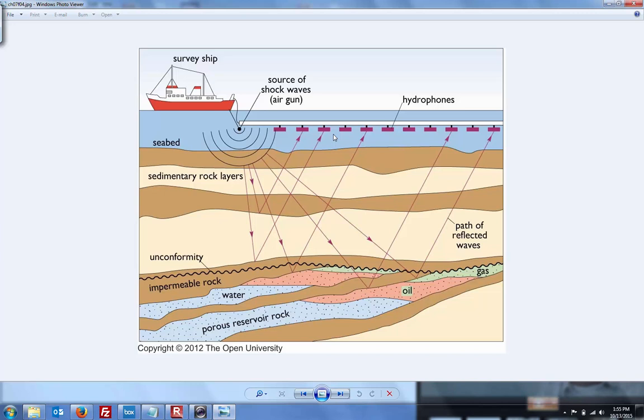It's not unlike the Doppler that you've probably seen if you've gone to the doctor's office or seen some of the ultrasound procedures where you're able to see inside of human tissue. Nevertheless, that's more or less what's going on, so that the people doing these explorations can then find these phase boundaries and say, well, more than likely we've got a petroleum reserve down there.